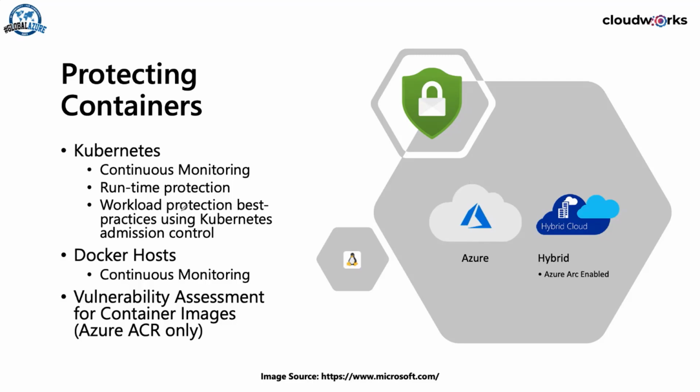Azure Kubernetes Service on Azure Stack, Kubernetes in general, there is a list of versions that are supported. AKS Engine, Red Hat OpenShift, these are some supported Kubernetes distributions for Azure Defender for Kubernetes. So Defender for Kubernetes, Azure Arc enabled clusters, container registries, and Docker host, that's your entire portfolio of what kind of container deployments we can protect.